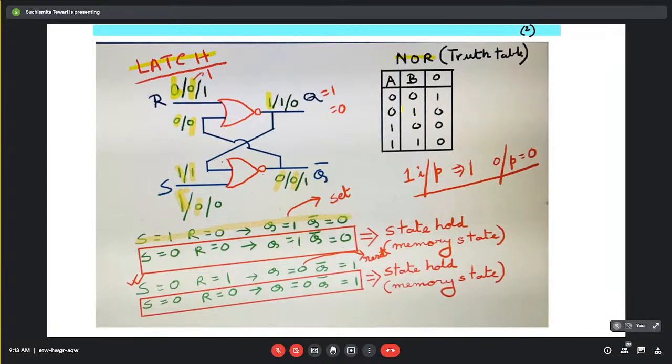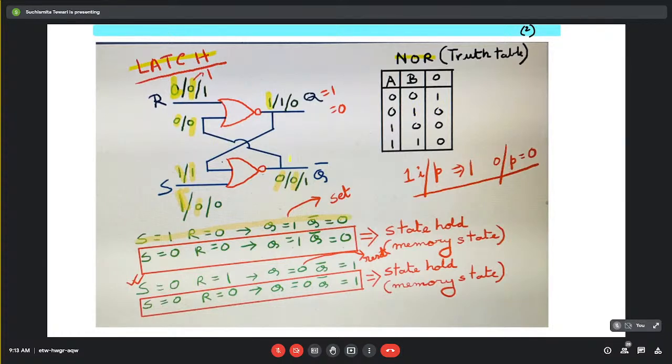Here it is 0, 1: one of the inputs is 1, so output 0. Here also one of the inputs is 1. And in the case 1, 1, two inputs are 1, but that means one of the inputs is 1, so this is also 0. It will take the value 1 only when the input is 0, 0. So keep in mind that in a NOR gate, when one of the inputs is 1, the output will be 0.